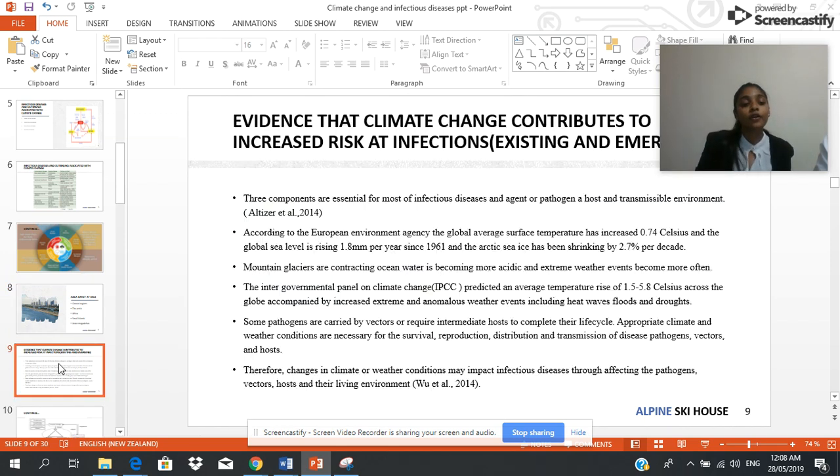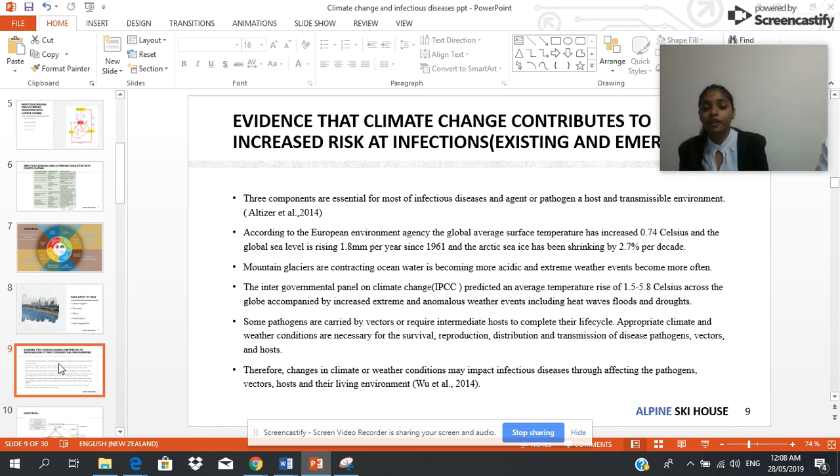Now we will talk about evidence that climate change contributes to an increased risk of infections, both existing and emerging. According to Alistair et al. 2014, there are three main components essential for most infectious diseases: agent, host, and transmissible environment.